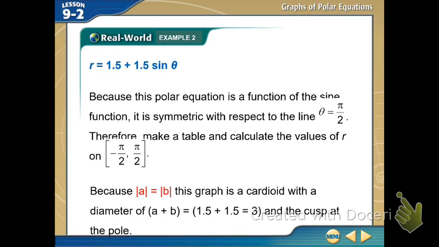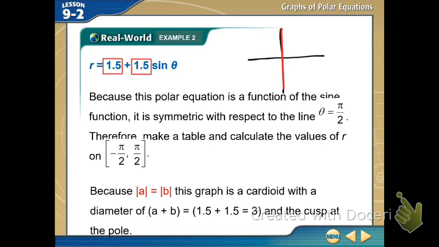So I'm expecting it to be symmetric about the theta equals pi over 2 line. And the other thing I notice is that A and B are both equal to each other, right? Here's A and here's B, and therefore this is going to be a cardioid.